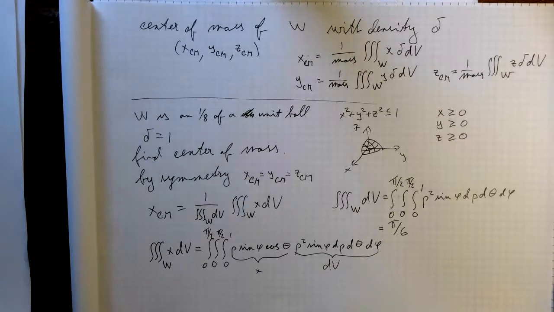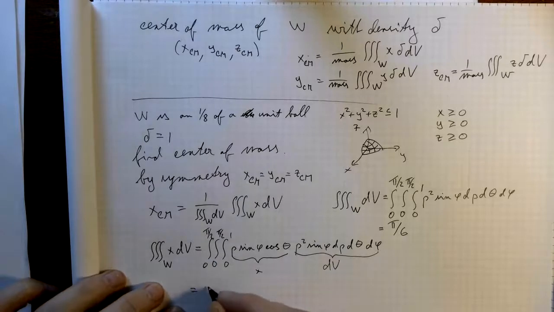Now, if we put these things together and simplify, again it's a product of a function of rho, a function of phi, and a function of theta. Let's start with the rho.